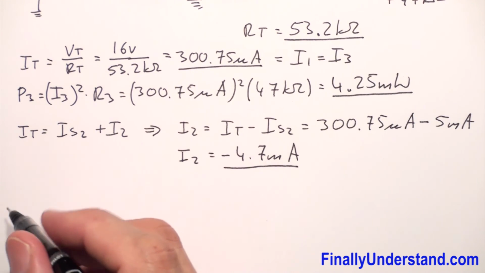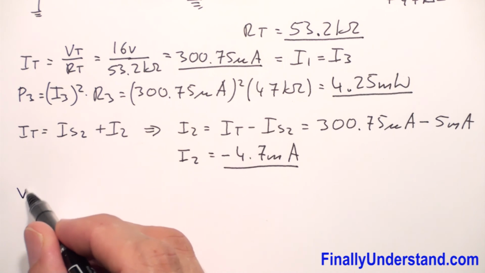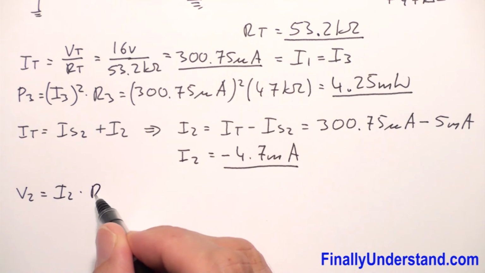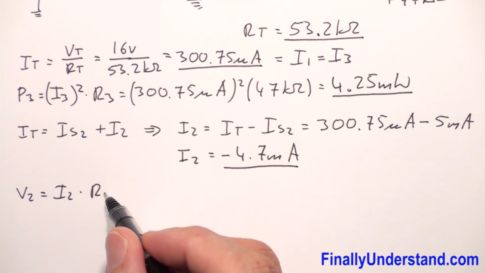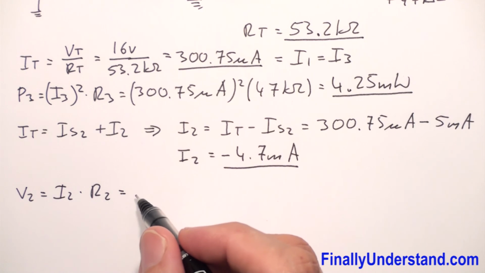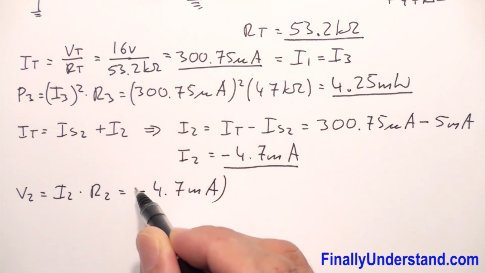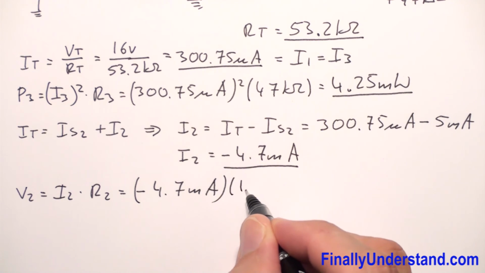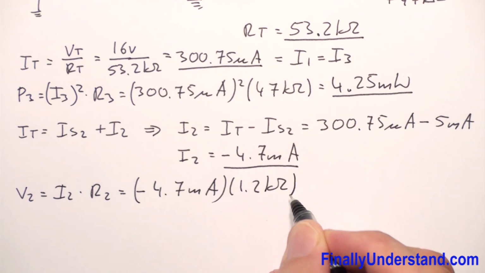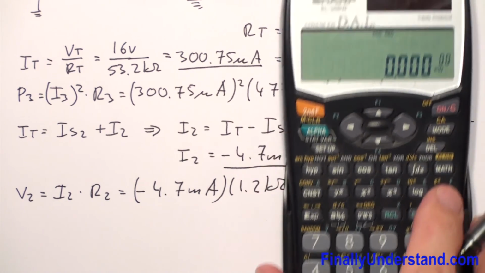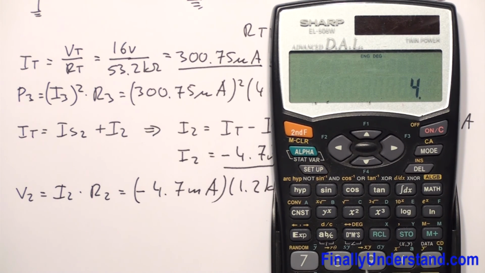So if I want to find V2, it is equal to I2 times R2, where I2 is equal to negative 4.7 milliamps times R2, which is equal to 1.2 kilo ohms. So this is equal to 4.7 exponent negative 3 times 1.2 exponent 3.